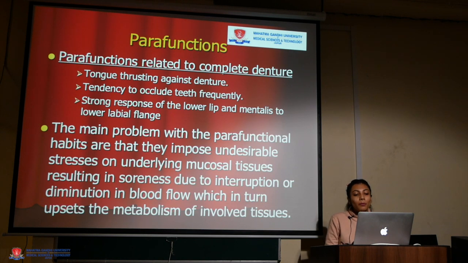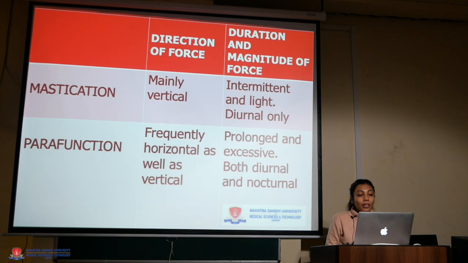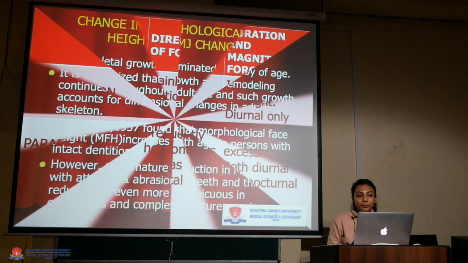The main problem with parafunctional habits is that they impose undesirable stresses on underlying mucosal tissue, resulting in soreness due to interruption in blood flow, which in turn upsets the metabolism of involved tissues. In mastication, the direction of force is mainly vertical, and the duration and magnitude of force are intermittent and light. In parafunctional habit, the force is frequently horizontal, prolonged and excessive.